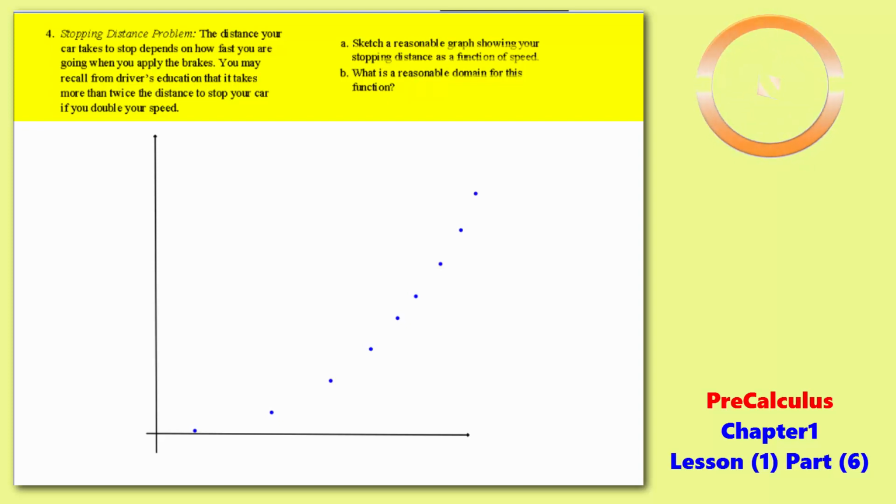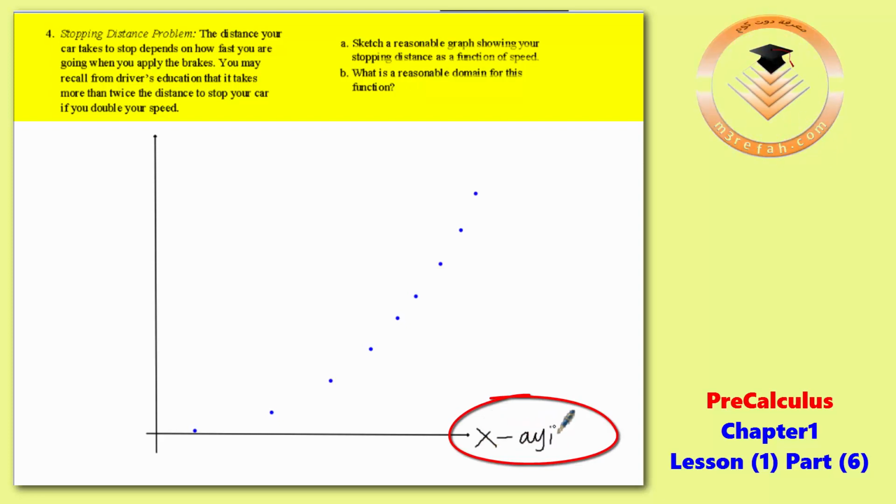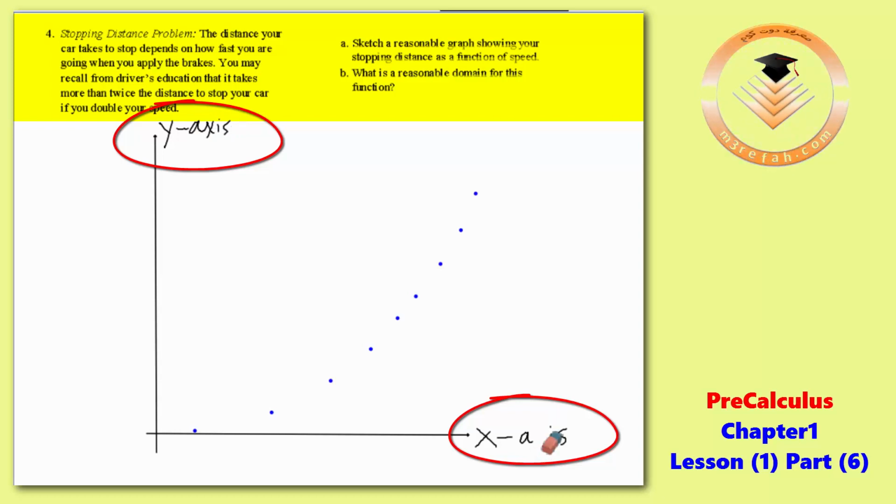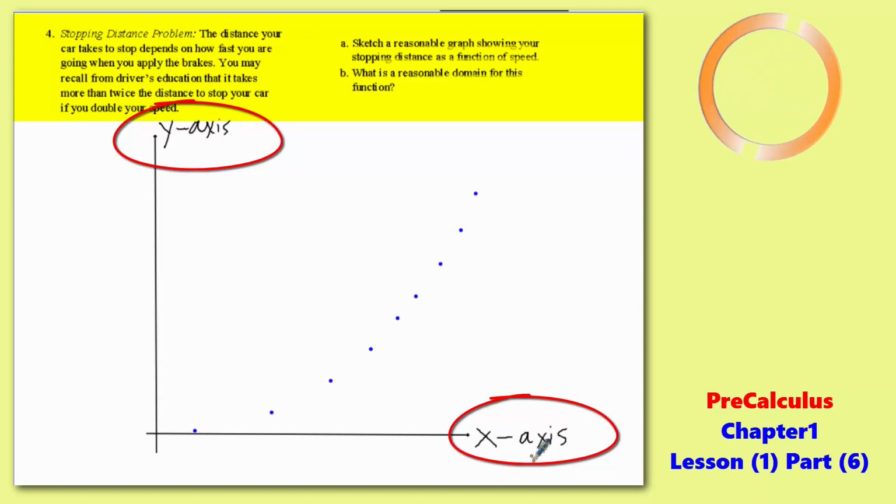So first of all, we have to label our x and y. So this is our x-axis and this is our y-axis. This x-axis represents your speed, okay?